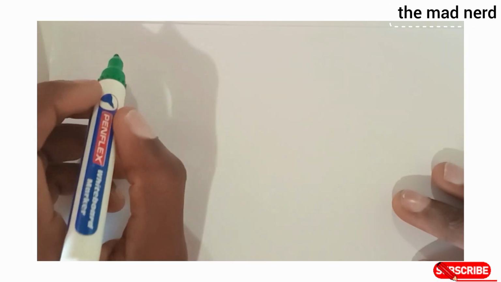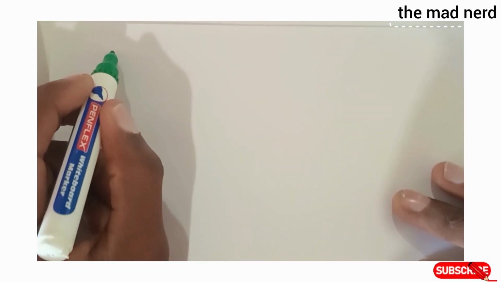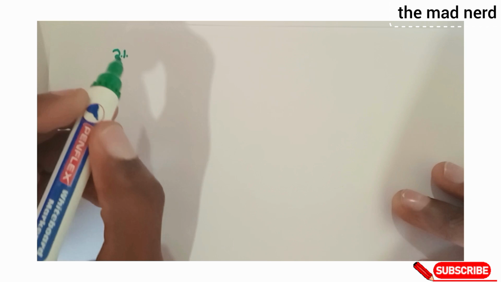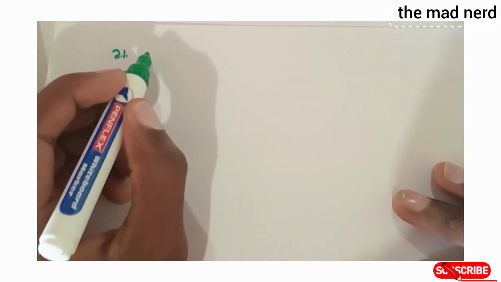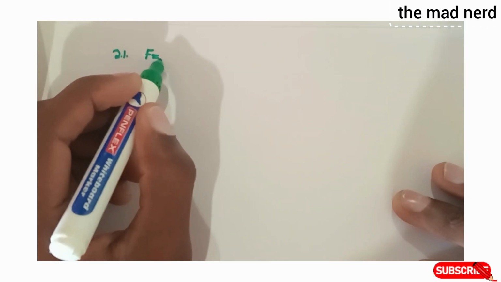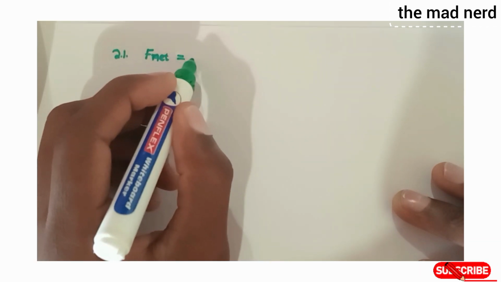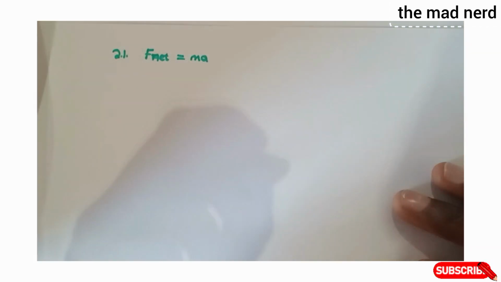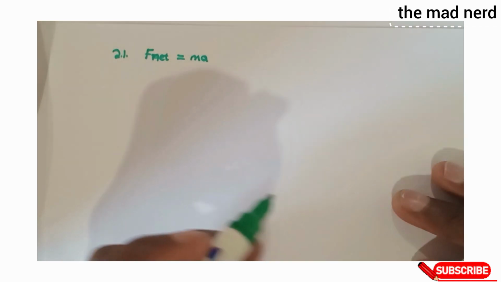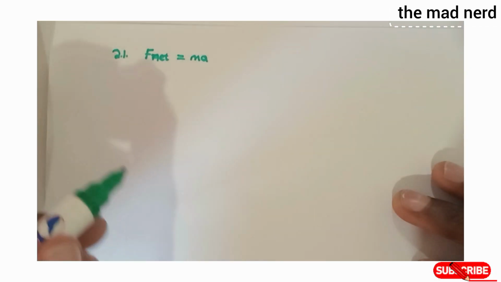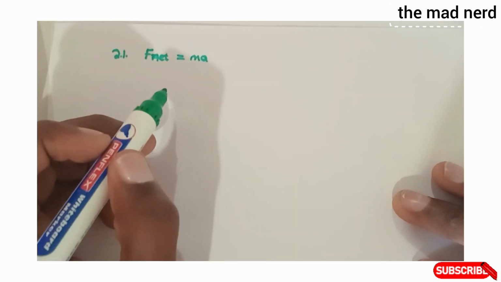So I can just say here, for 2.1, F net is equal to ma. When they say state Newton's second law, this means that F net is equal to ma.